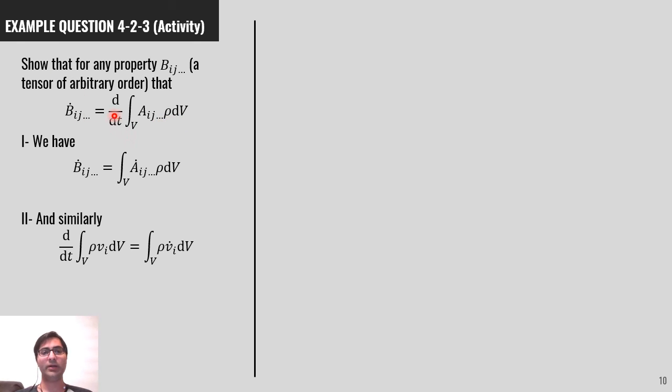So basically, b dot is the time derivative of another property a multiplied by rho multiplied by dv. We can have b dot is equal to the integral of a dot rho dv. So basically, the time derivative is simplified to just the time derivative of the property a, and rho dot doesn't contribute. And similarly, the time derivative of the integral of rho v dv becomes the integral of rho v dot dv. Good luck.